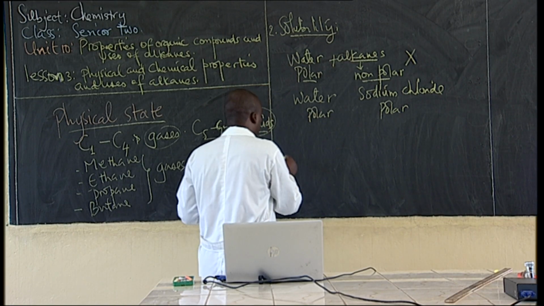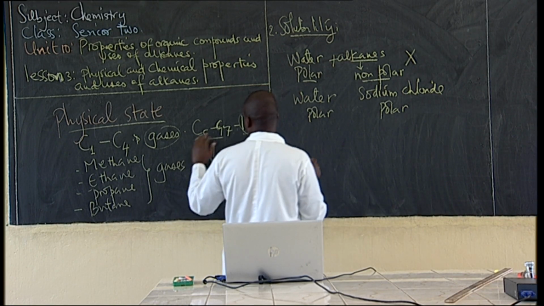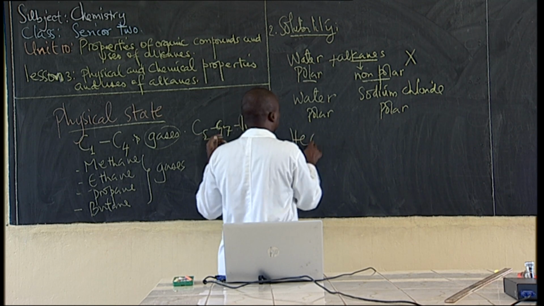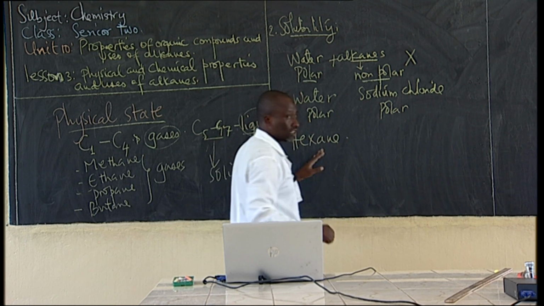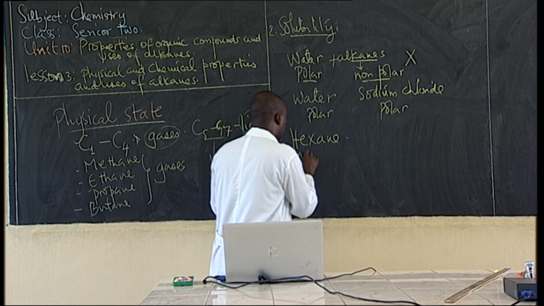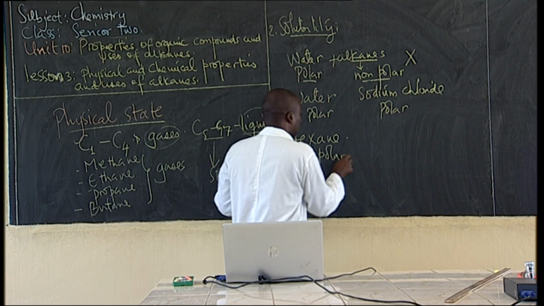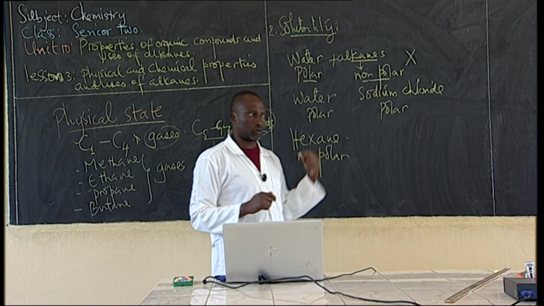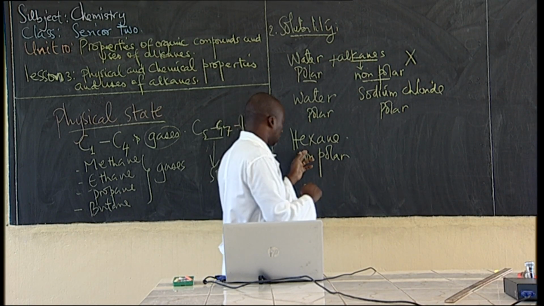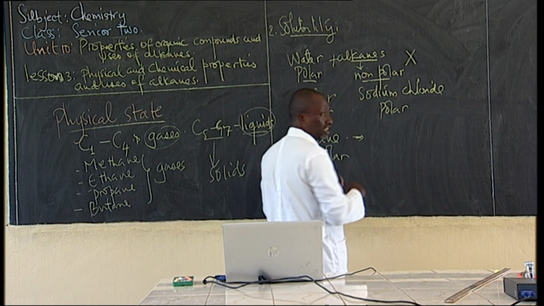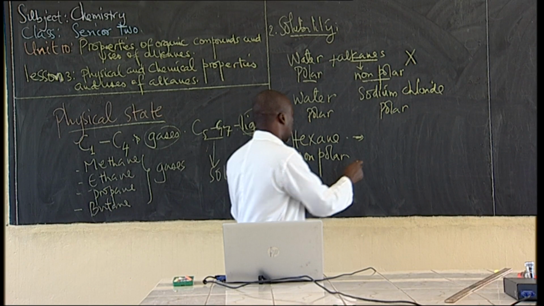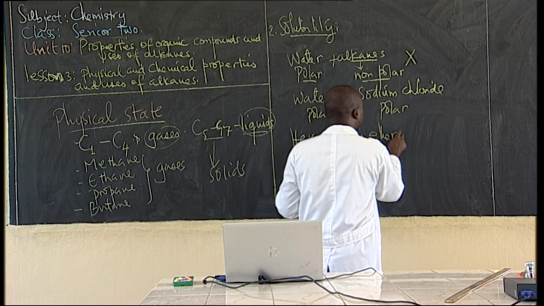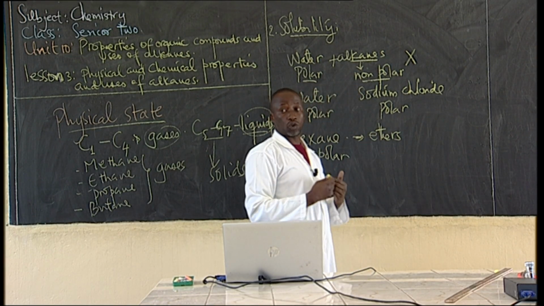For example, if you have any of the alkanes, maybe hexane, this is one that exists in liquid form. This is non-polar. Now, any other liquid that is non-polar will dissolve this one. There are so many examples. We have ethers, a group of compounds that are also non-polar.